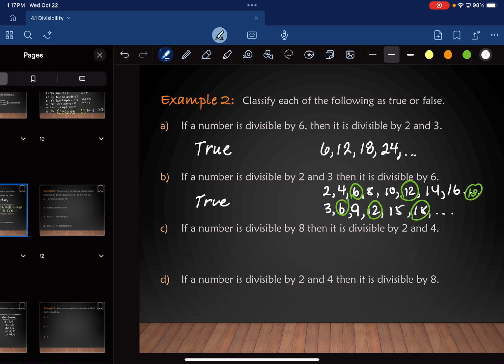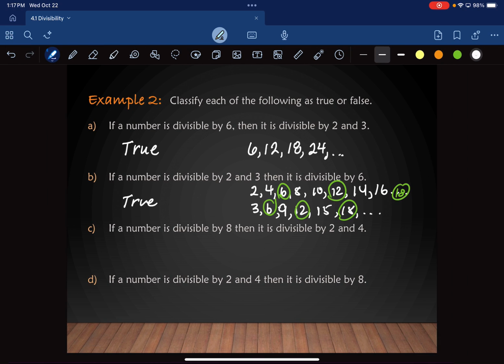Let's see what happens when we try this with 8, because we don't have a rule that's like this for 8. We have a rule for 8, but it's a little different, right? It has to do with longer numbers, bigger numbers, and this has to work for small numbers too. It says if a number is divisible by 8, then it's divisible by 2 and 4. So we could do the same thing we did, sort of develop the idea from earlier. So we can do 8, 16, 24, 32, 40, and it will keep going.